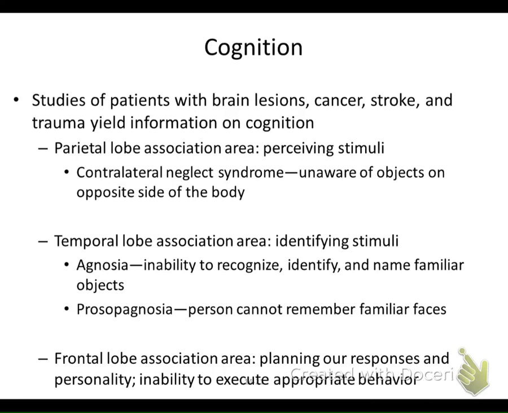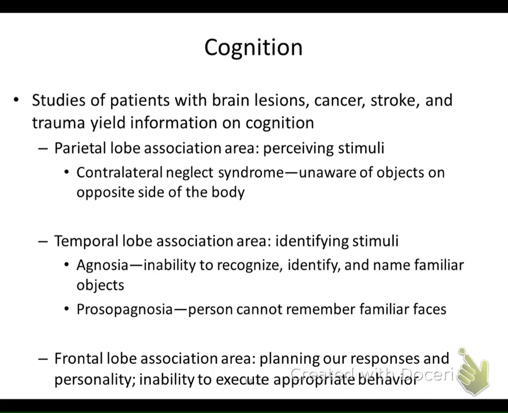So we can localize very specifically where the brain damage is. And then we look at the patients and we say, okay, they just have damage to the right hemisphere in this little area, and what are they doing differently than what they did before?